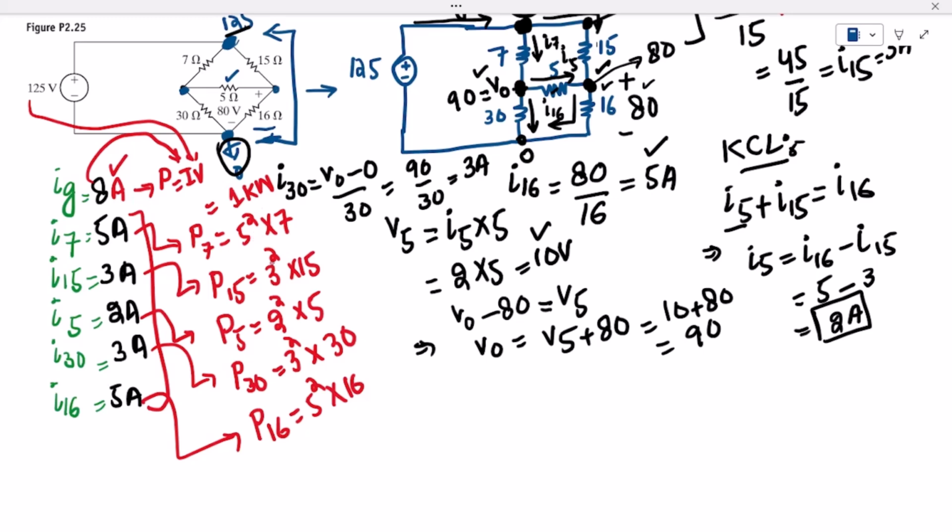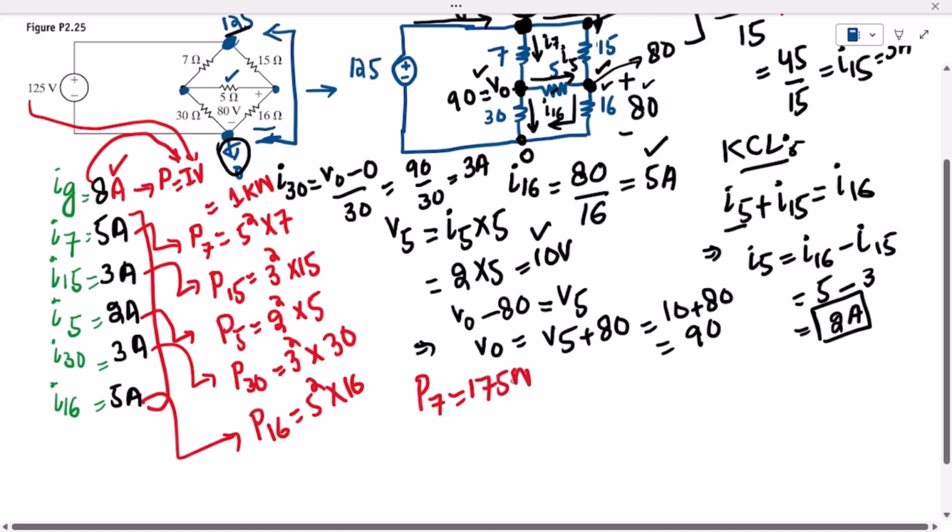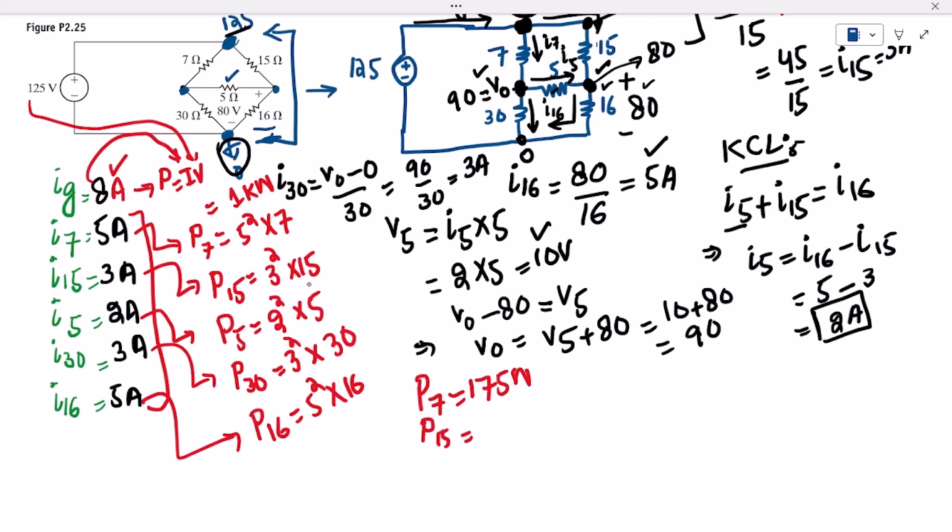Let me calculate them. P7 is 5 square times 7, 25 multiplied by 7, that is 175 watts across the 7 ohm resistor. P15 is 135 watts.